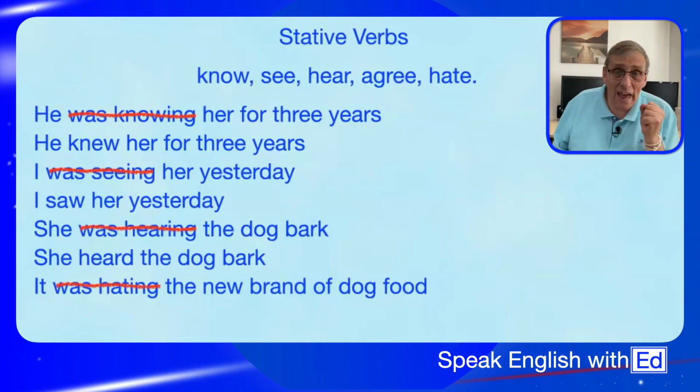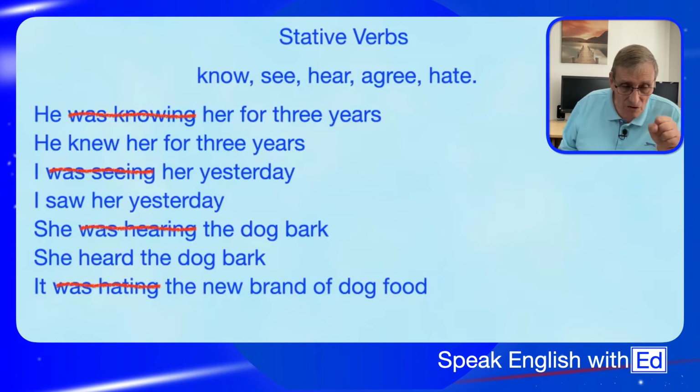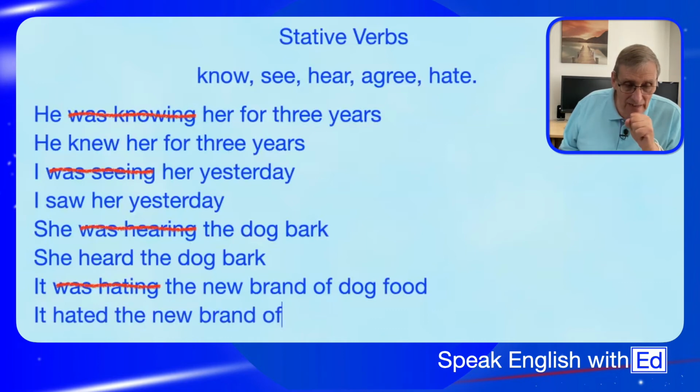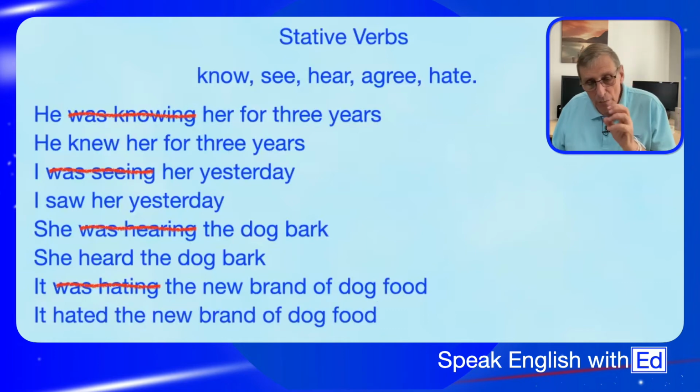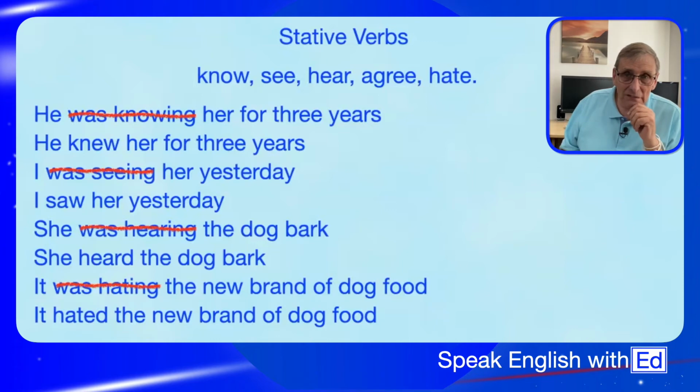So it was hating. We cannot have it was hating. It's a stative verb. It's not allowed. So we have to put the past tense of hate, which is hated. It hated the new brand of dog food.